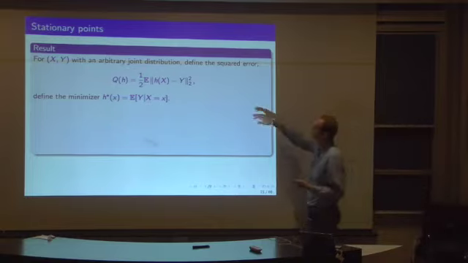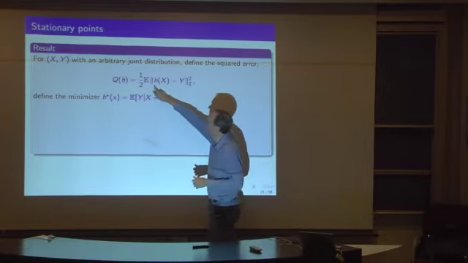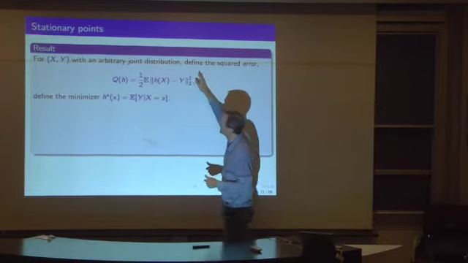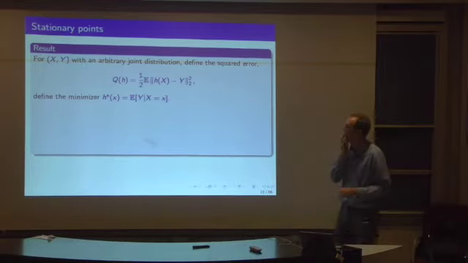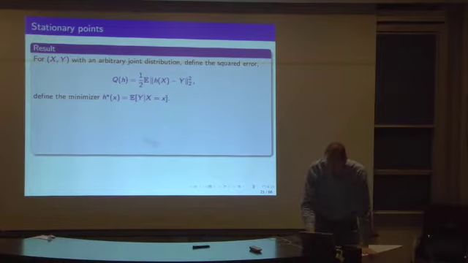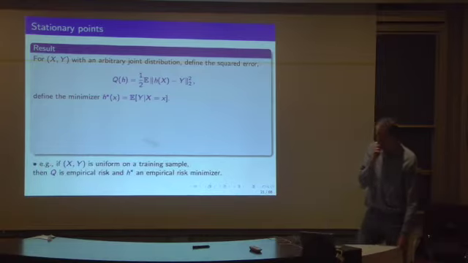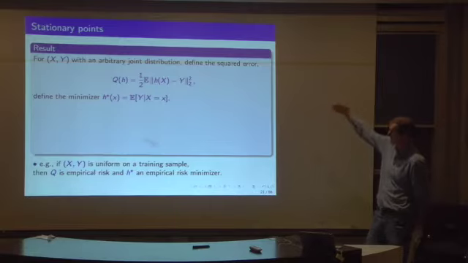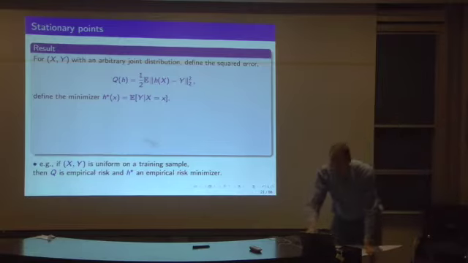The criterion we're concerned with is the squared error, so the expected Euclidean distance between h(x) and y, squared. And of course this is minimized by the conditional expectation, and you could think about this for any joint distribution, as a uniform distribution on a training sample, and this is empirical risk, and we're wanting to identify the empirical risk minimizer.